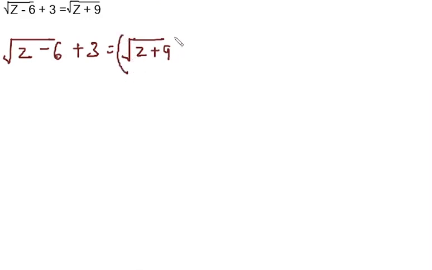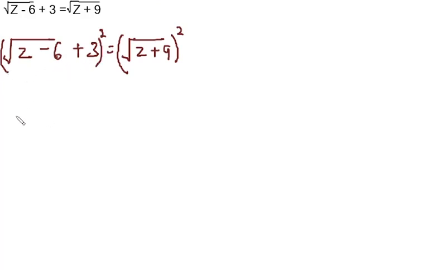I have square root of z minus 6 plus 3 is equal to square root of z plus 9. So if I take the square of both sides, I'll simply be saying square of here and then square of here. So watch how I perform the square of here closely.